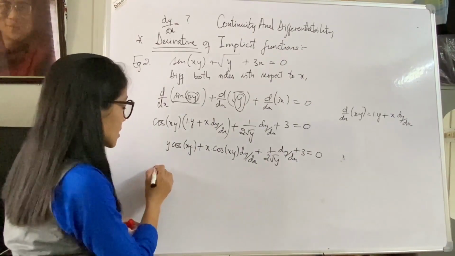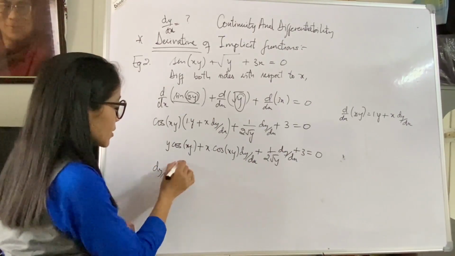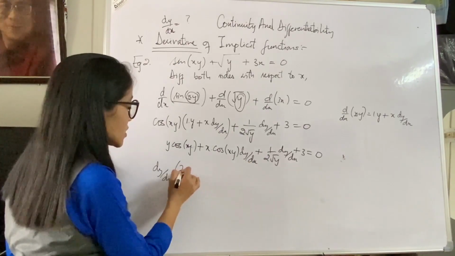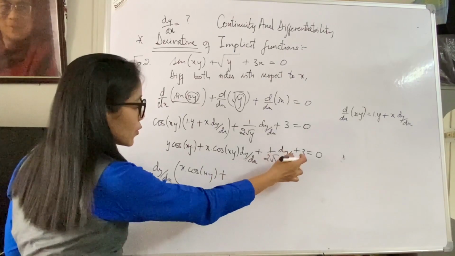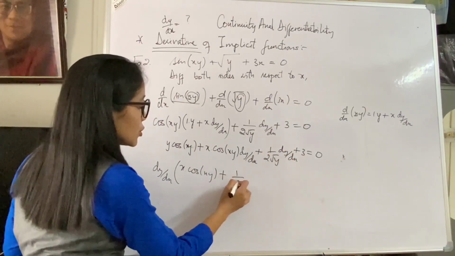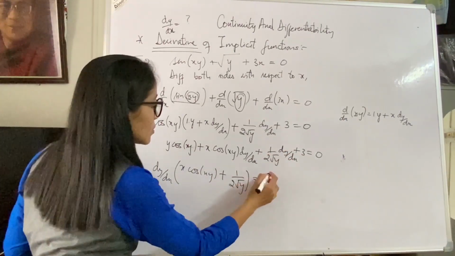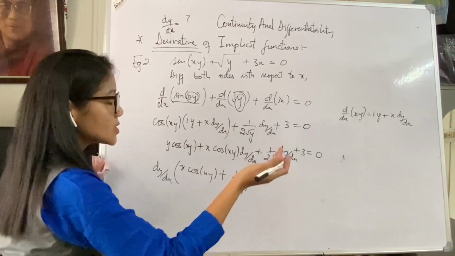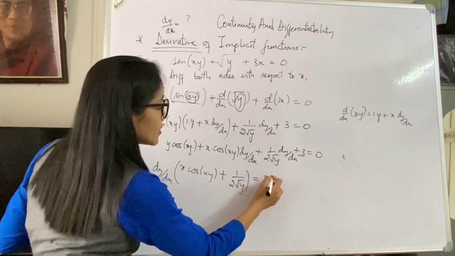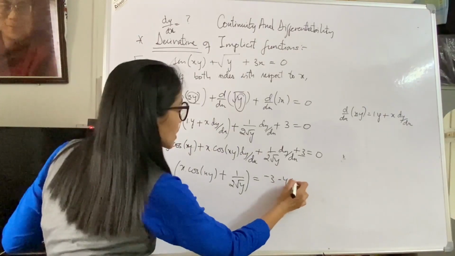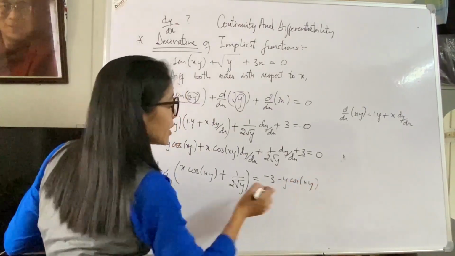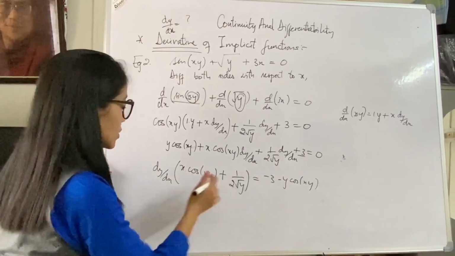Now you take dy by dx common. So what am I left with here? This is x into cos xy plus, from here I'm left with 1 upon 2 root y. This is equal to, now the remaining you take to the right hand side. So this is negative 3, and negative y cos of xy.